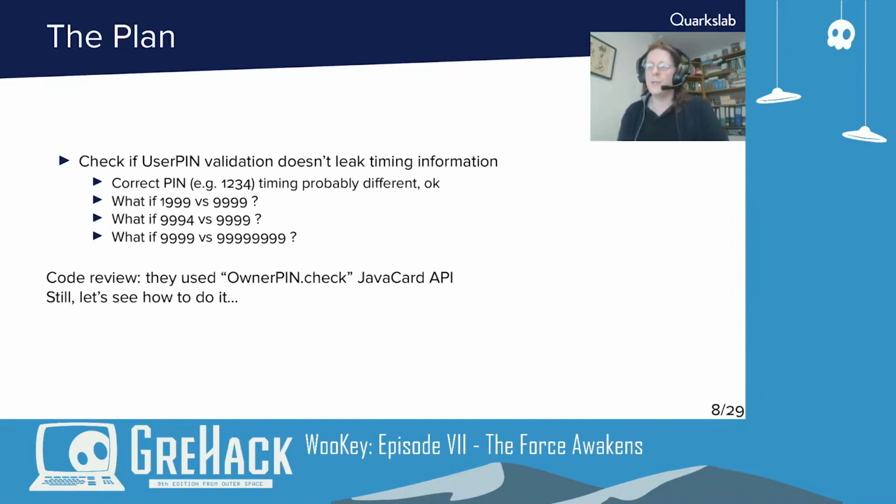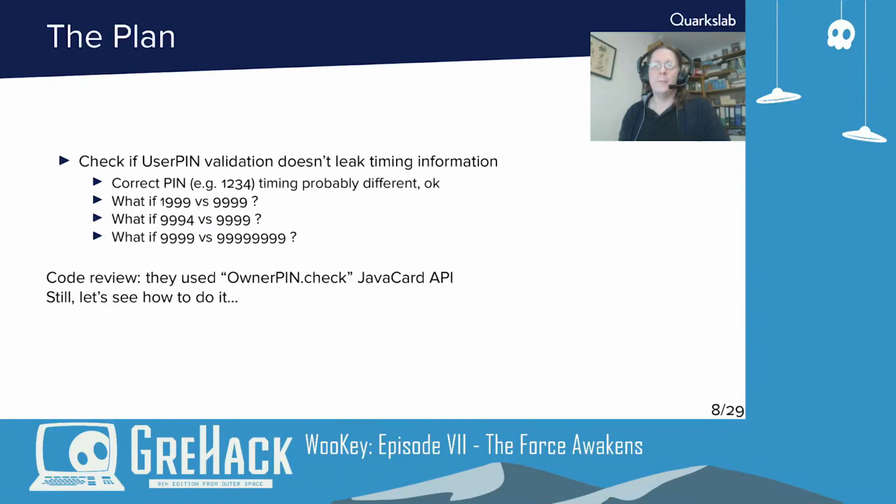You send the pin or the password and you measure how much time it takes for the card to respond. If the pin is correct, the timing will probably be quite different, but that's fine. That's when you know the pin. The problem can occur if you get slightly different timings between a completely wrong pin and one with, for example, the first digit correct or the length correct.